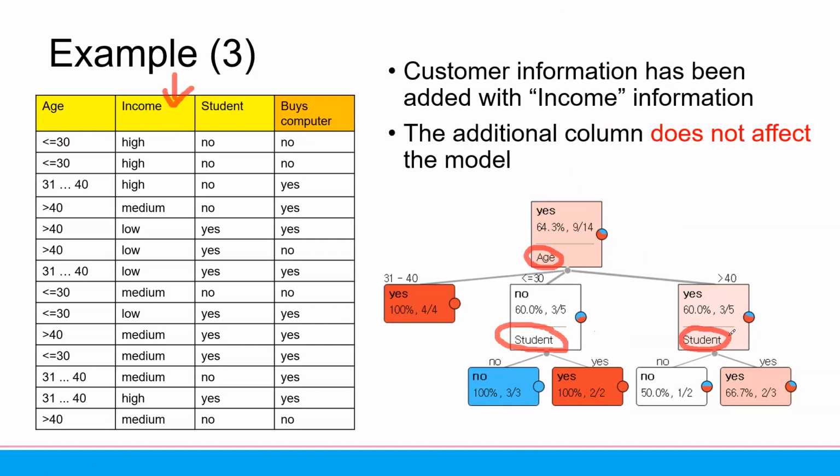There is no income in this case. Why? Based on the calculation, if you still remember the Gini index, the information gain, the gain ratio, it means the attribute student is still higher than the income. So the additional column does not affect the model. The income does not affect the model.